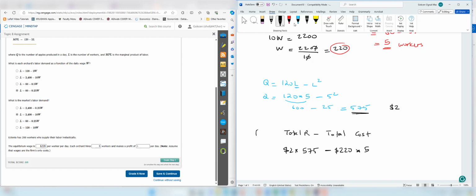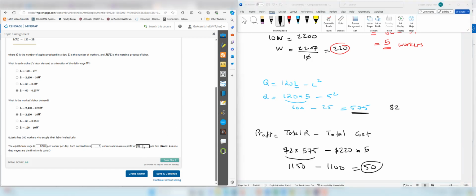We are finding the profit for each orchard, okay? And let's calculate the profit now. 2 times 575 is 1,150 minus 220 times 5, 1,100. So the profit is 50. So we're going to have 50 here. And that is how we are going to solve the first part of this assignment question.